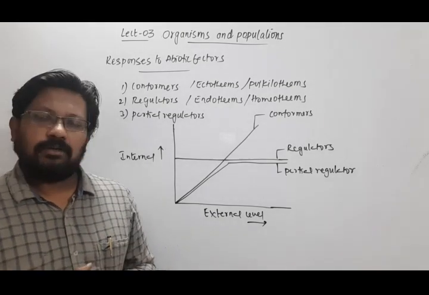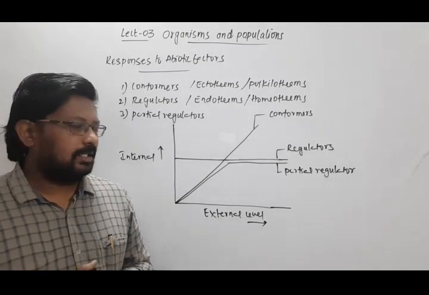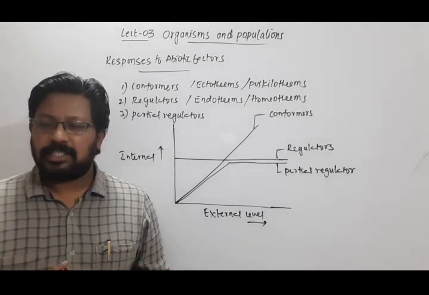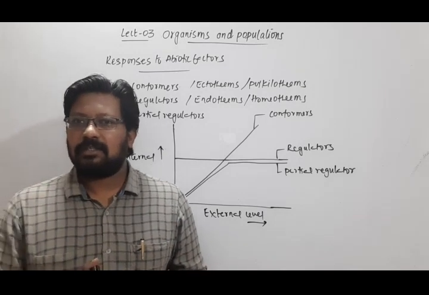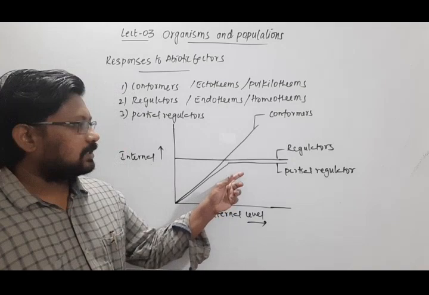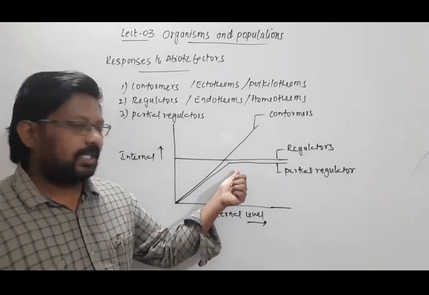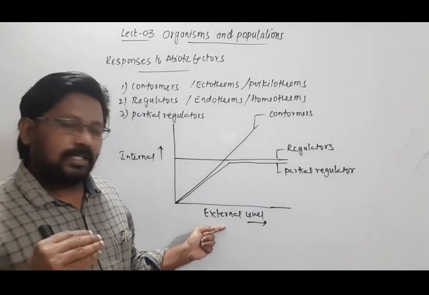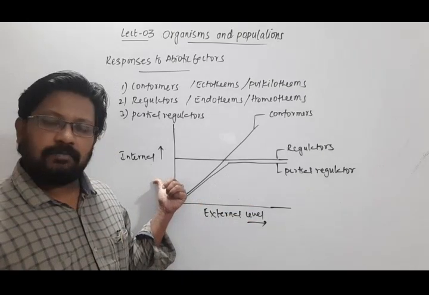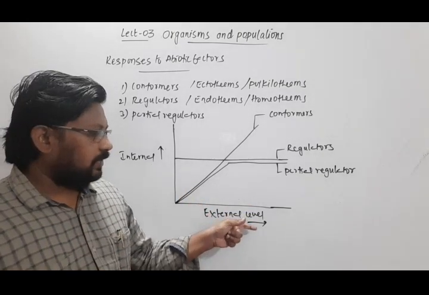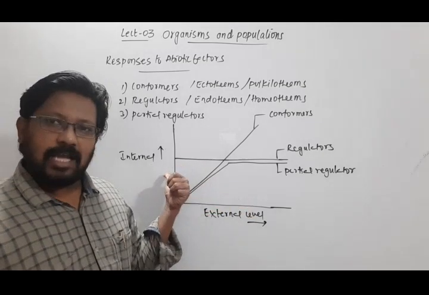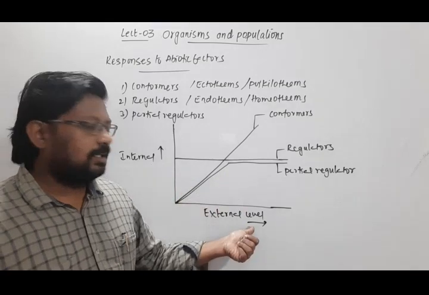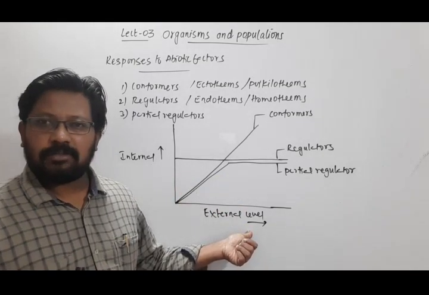Now the camels are not going to produce sweat till they reach 40 degrees Celsius, and if the temperature rises more than 40 degrees Celsius, then they start producing sweat. So till that point of 40 degrees Celsius, if the external environment is at 10 degrees Celsius, the internal environment will also be at 10 degrees Celsius, and if that goes to 20 degrees Celsius, the camel's internal environment also goes to 20, and till 40 degrees the body will also be at 40 degrees Celsius.